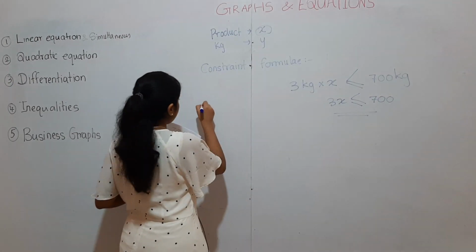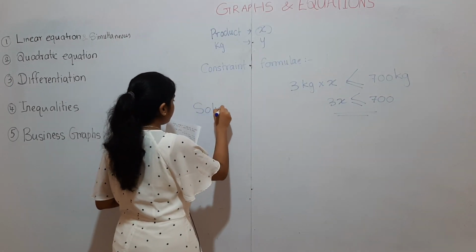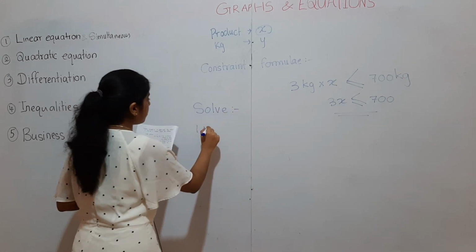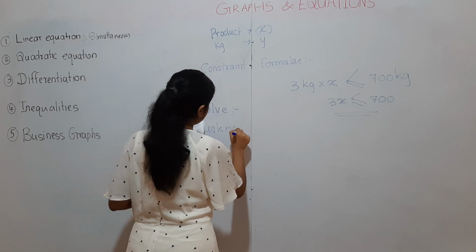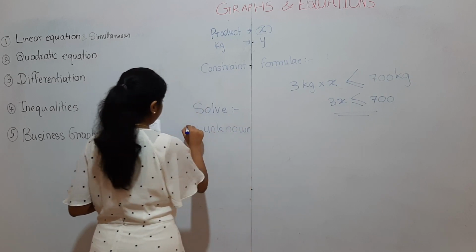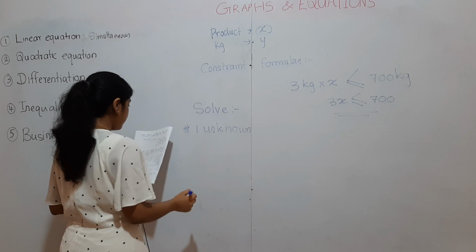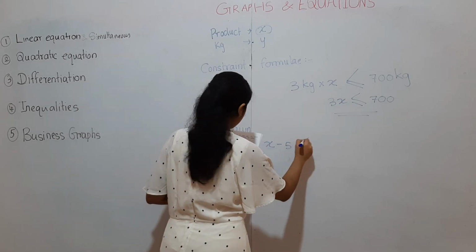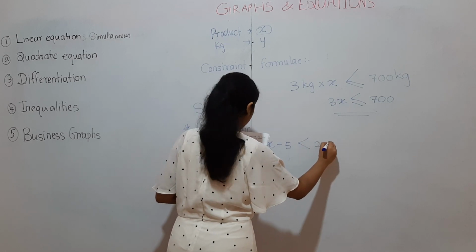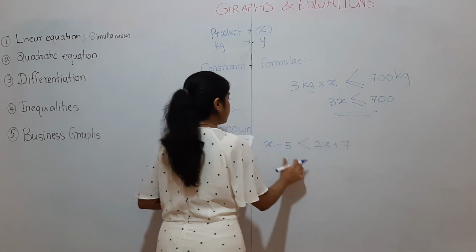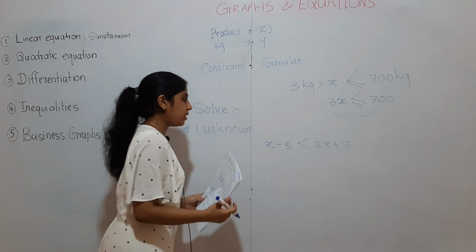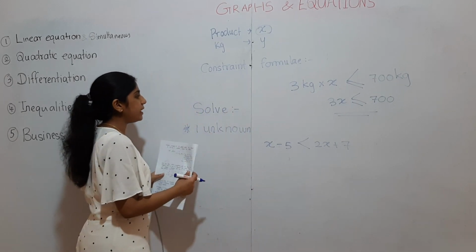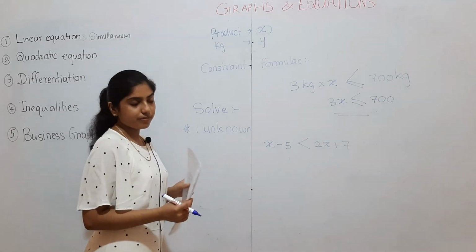Now solving inequalities. When you are given situations like these, when there's one unknown figure, either x or y, what you will do is, let's say for example they gave x minus 5 is less than 2x plus 7. Find x. Now there are some rules when it comes to solving inequalities.